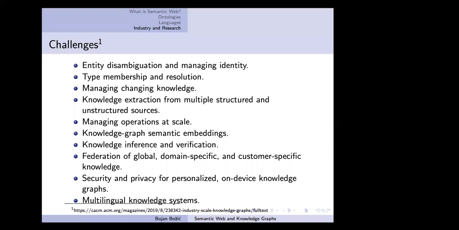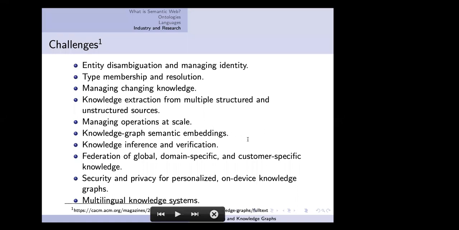So this has always been a problem, how to actually gather data that's not structured or not sufficiently structured and get it in one single knowledge graph representation. Managing operations at scale: since industry caught up with knowledge graphs, we got a lot of new data in, and it's becoming more and more challenging to handle all those operations at this huge scale, as you've seen for those big companies.